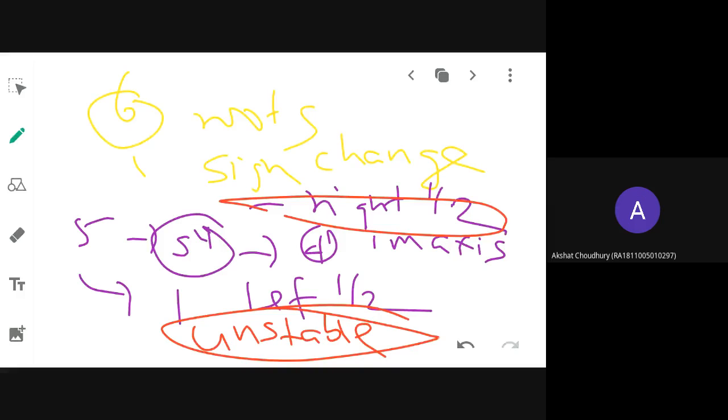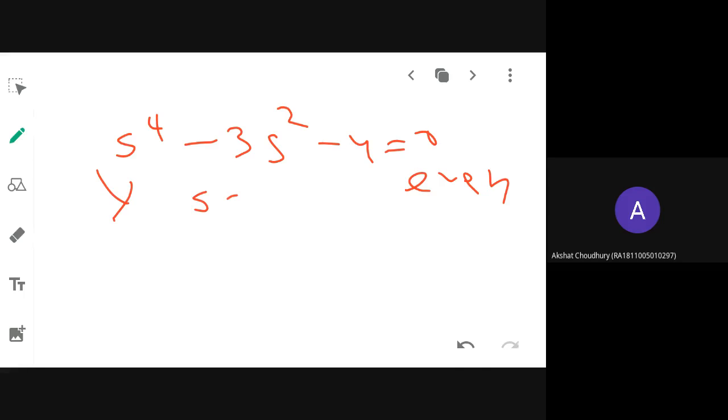If you find the roots of the even polynomial, minus 3s squared minus 4, this is the even polynomial. You have to find out the 4 roots. The roots will be s equal to plus or minus 2, s equal to plus or minus j. So how many roots are located on the imaginary axis and how many roots are located in which plane?